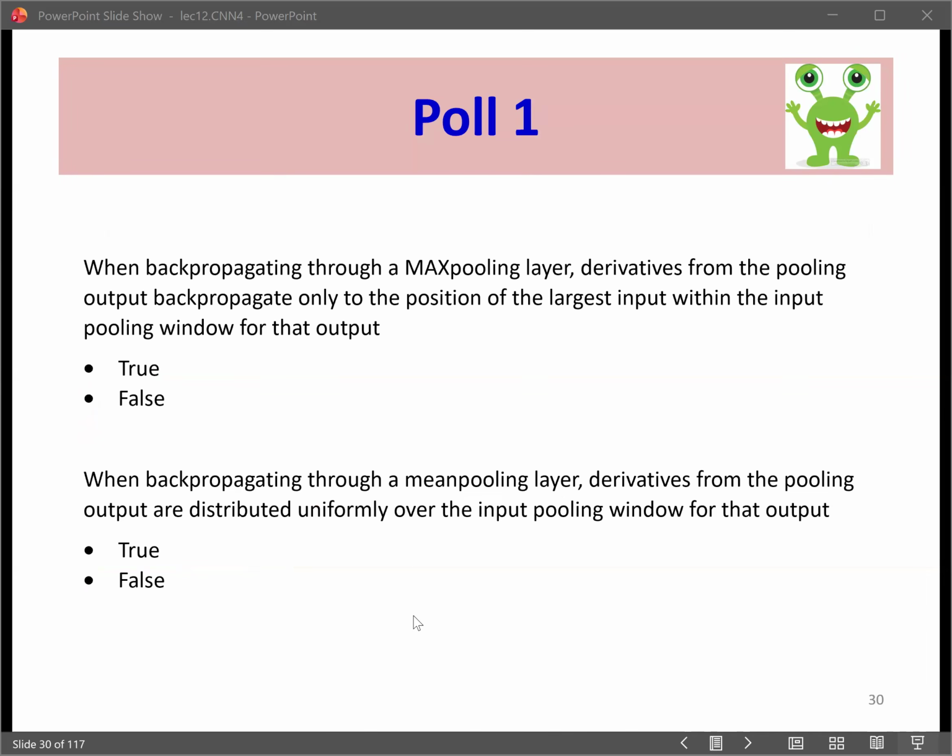So, Nelia, if you have ties, then both elements, when perturbed, will affect the output. So the derivative will get copied to both elements.